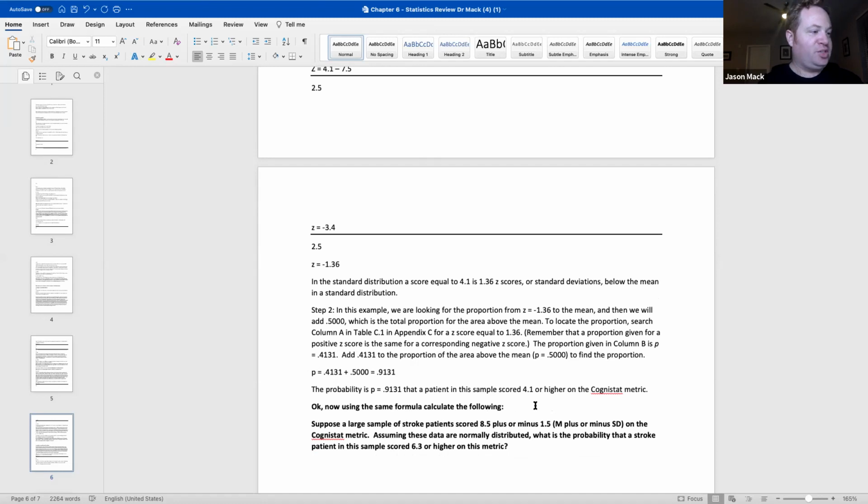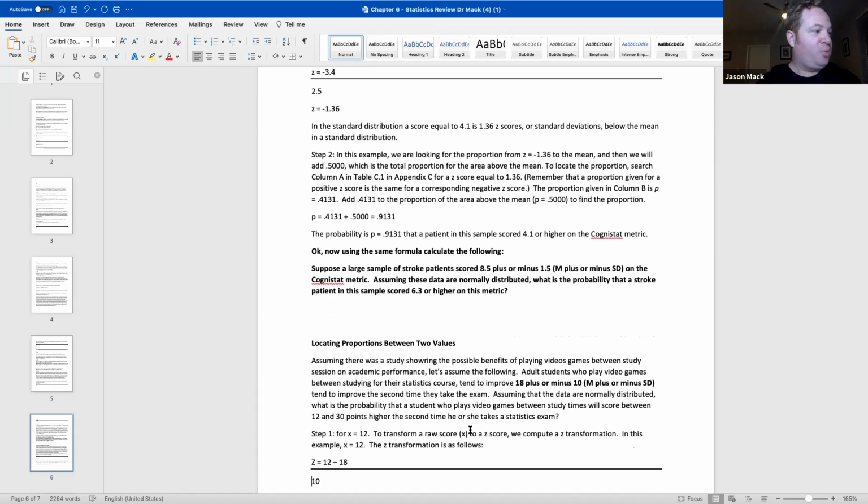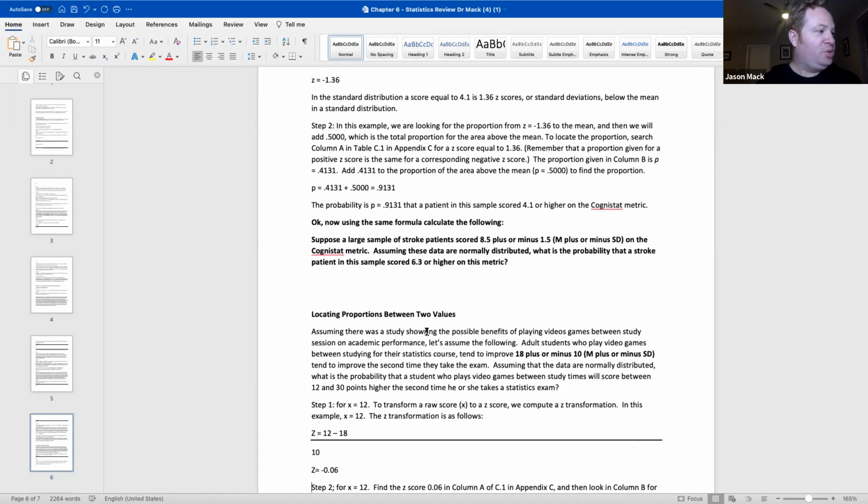So now do the same thing with the example I've given you right here. Locating proportion between two values, assuming there was a study showing the possible benefits of playing games between study sessions on academic performance, let's assume the following.